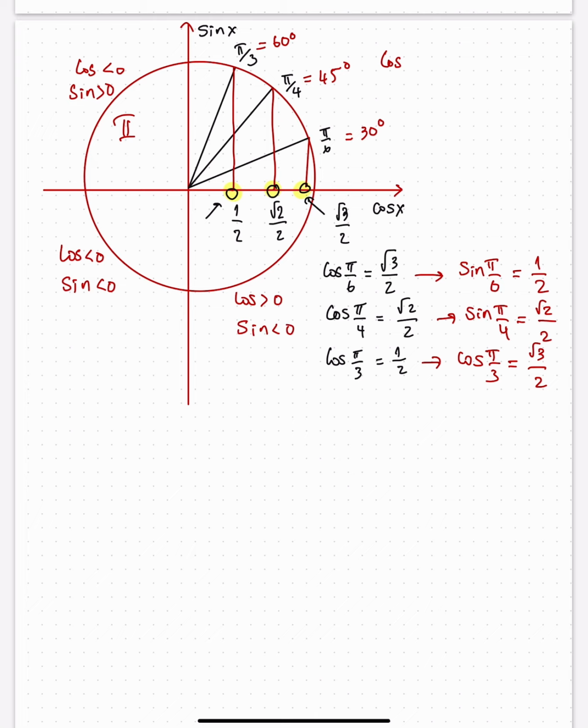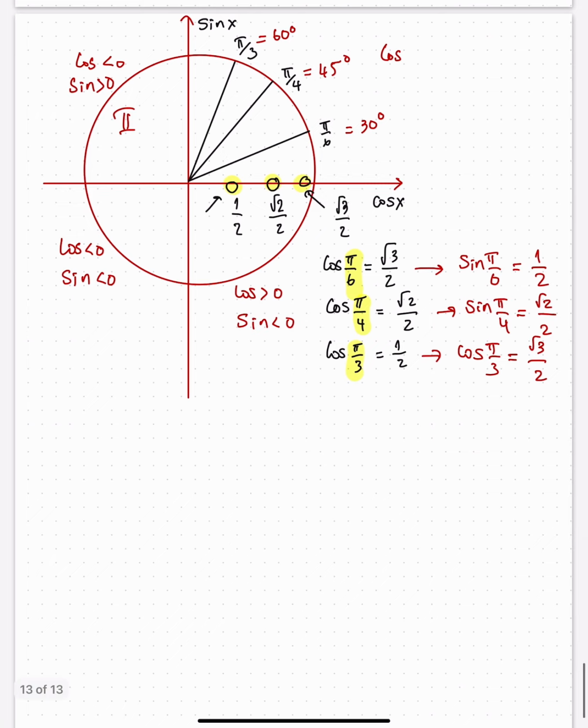That's it. So how can we notice which quadrant any angle comes from? First, pi over 6, pi over 4, and pi over 3 are angles that come from the first quadrant. But how about the second quadrant? We can notice it by looking at it like this. Pi over 6, pi over 4, and pi over 3 are the first quadrant.